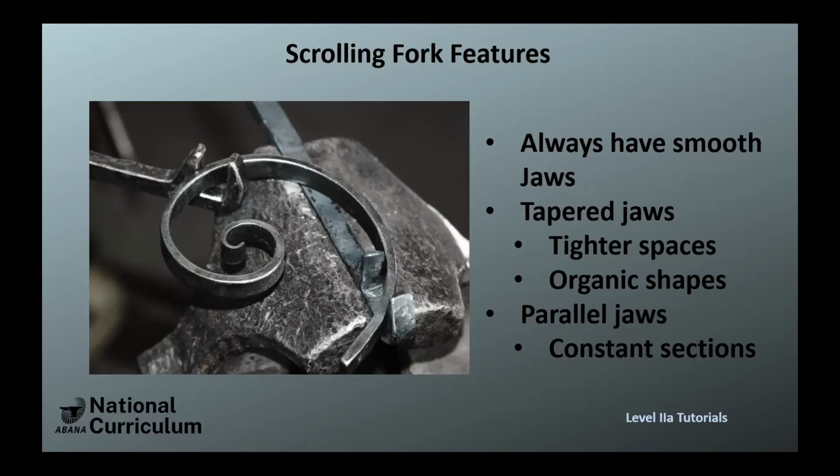And when I'm saying tapered jaws, I mean the width of the tines as well, like a scrolling tongs. So that way you can make the tines real close if you want to bend the stem of a leaf or something. And then for regular scroll work with square stock or rectangular stock, we want to have parallel jaws.